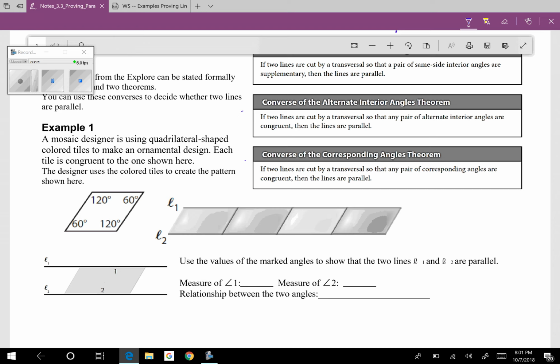And so the relationship between them is that they are same side interior angles. Okay, and since they are supplementary, because 120 plus 60 is 180, we can say that L1 and L2 are parallel. So let's go on to the back.